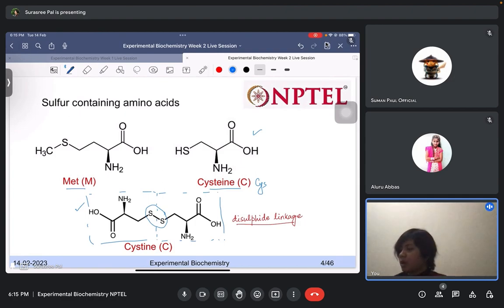And this is also one important amino acid, methionine. You might know that all proteins, when they are translated in the ribosome, begin with this particular amino acid called methionine, right?